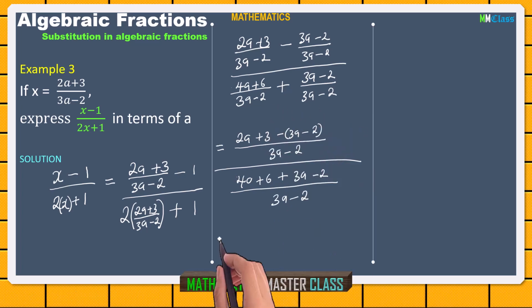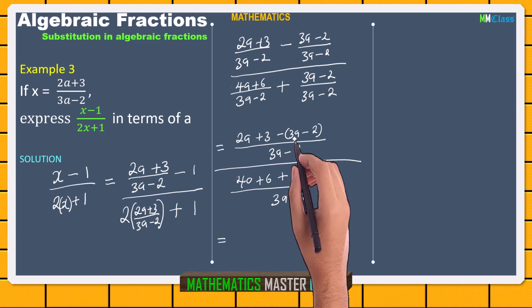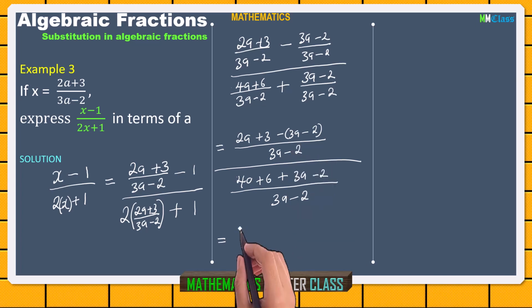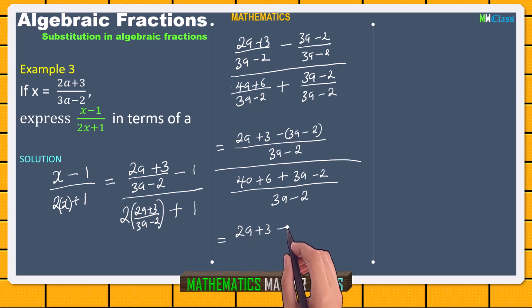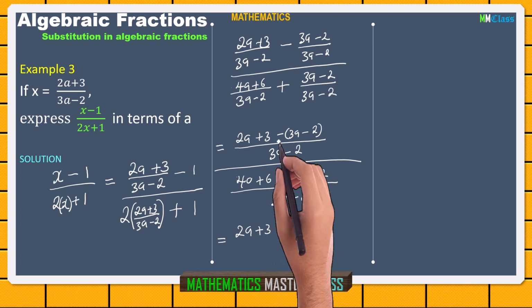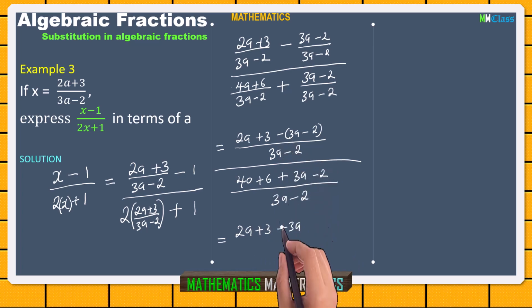So the next one now is for us to simplify. Now, from the numerator, let's first of all remove the bracket. So we are going to get 2a plus 3 minus 3a. This minus will multiply the 3a here, and it will give us minus 3a.